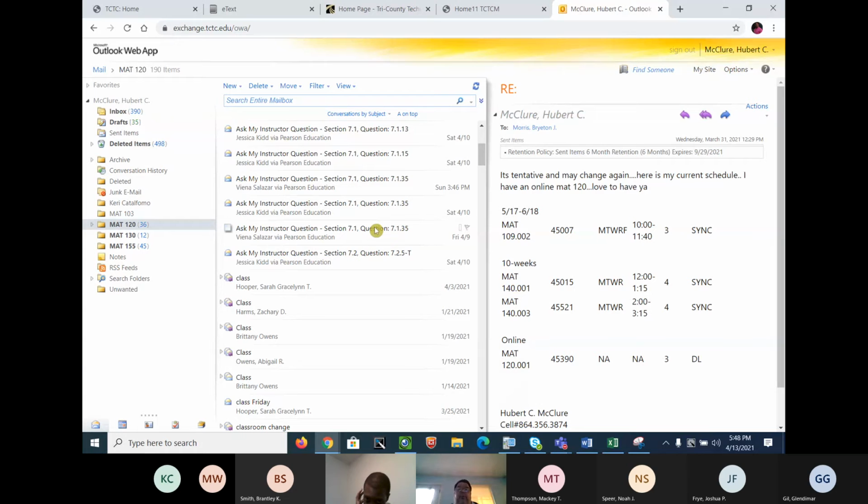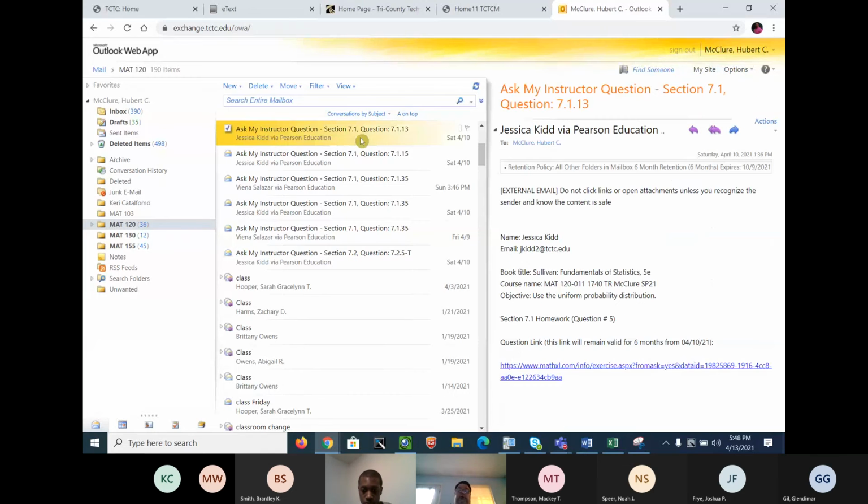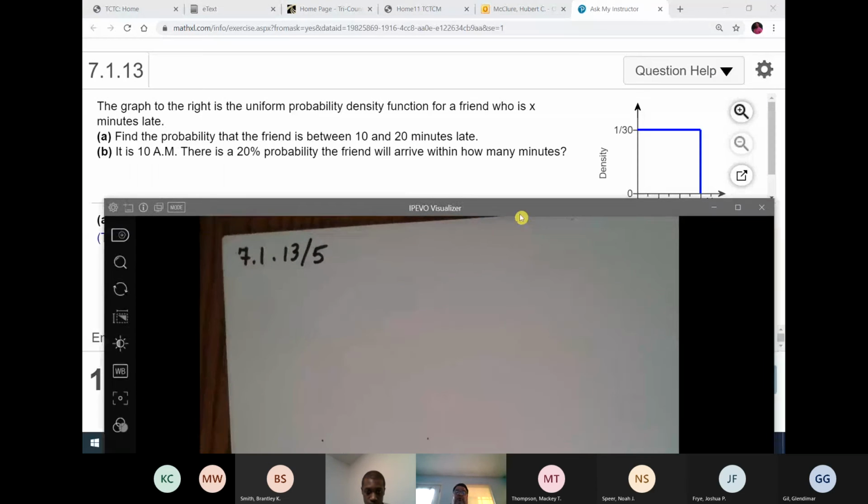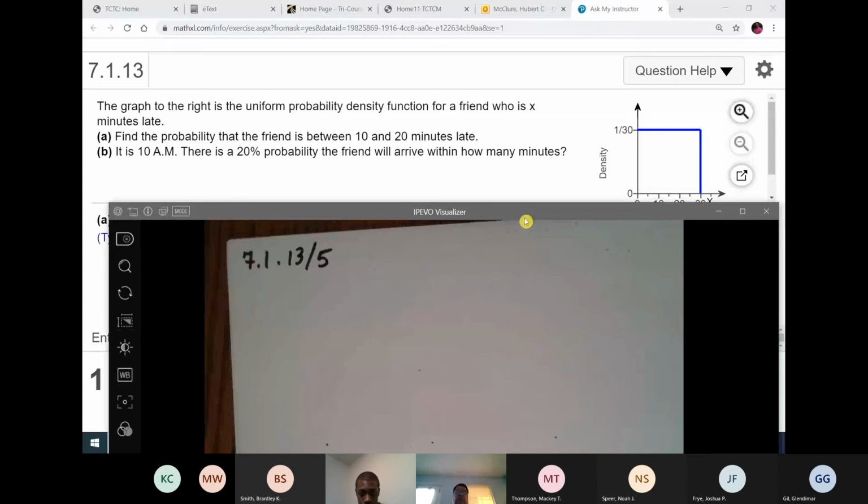Okay, so with that being said, this is 7.1, 13 slash 5. I think we went over one like this, I'm not sure, but it is a time question. The first thing I'm going to do is draw the picture.